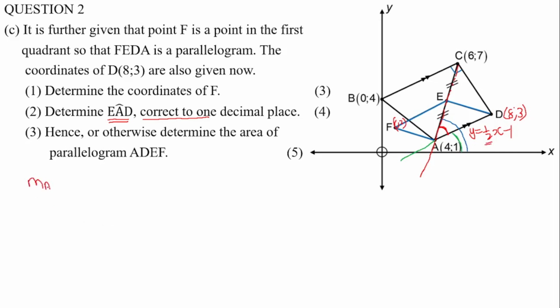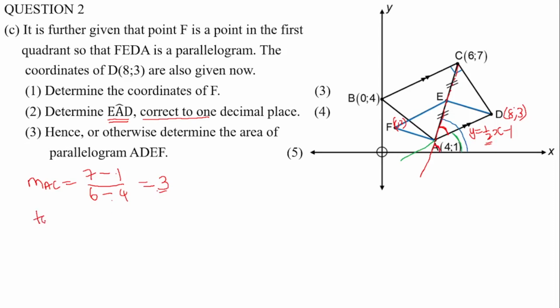Right, M AC is equal to Y at C, 7, minus Y at A, which is 1, like that. And then X at C, which is 6, minus X at A, which is 4. Right, then the gradient is what? 6/2, which is 3.